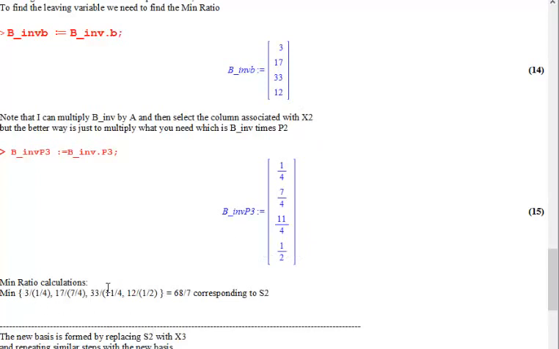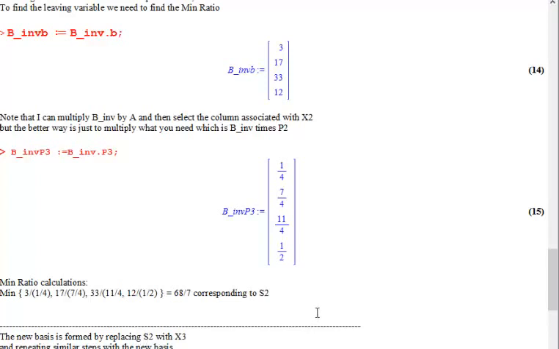These values are written in here, and the smallest value is 68 over 7, which corresponds to S2. So this is the leaving variable. S2 is the leaving variable and will be replaced by X3. And that is what is going to happen.